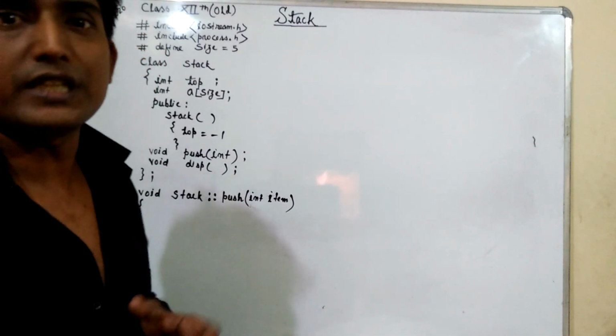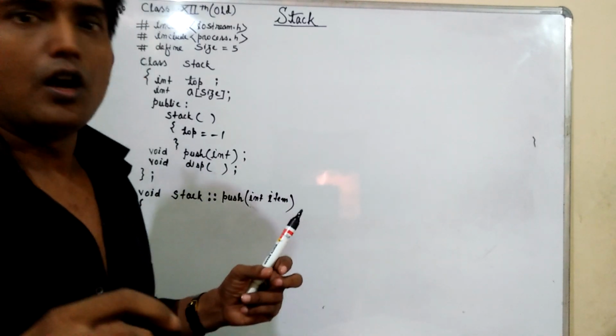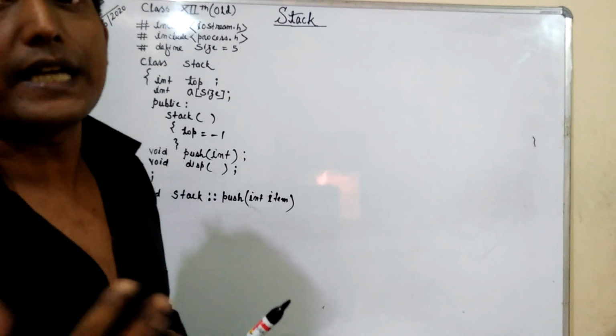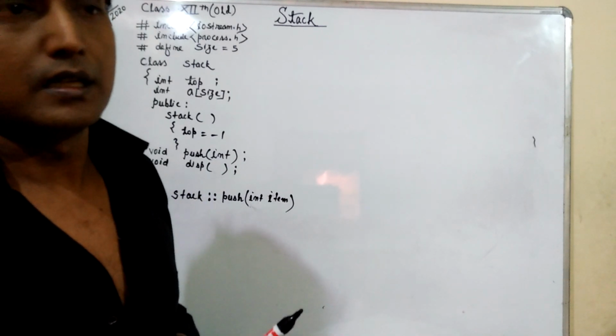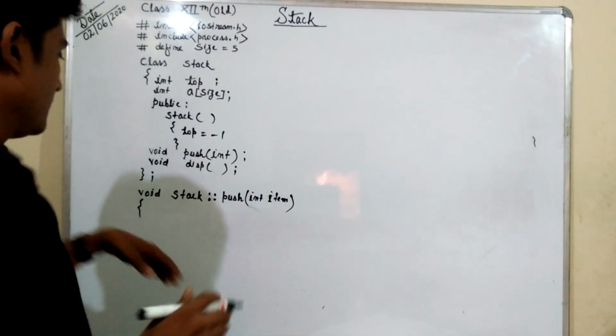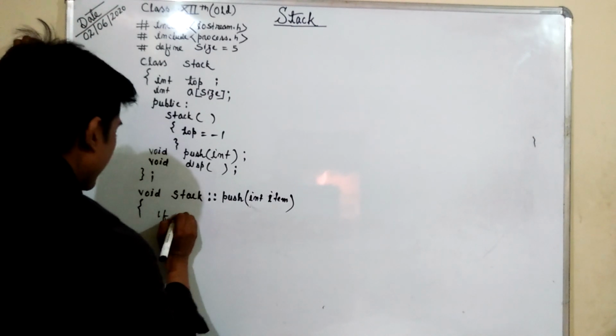So we have to check, and if elements have already been inserted in all the boxes in an array, then another element cannot be inserted. That's the thing we have to check. So how can we check this thing? We have to use the if statement.